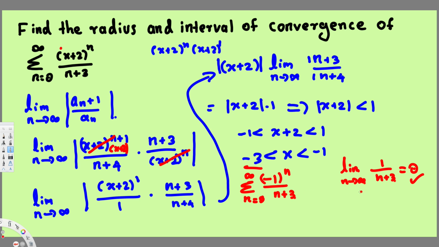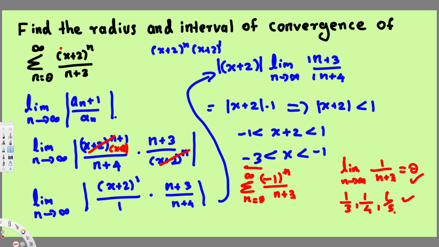If you plug in 0, this is going to be 1 over 3, then if you plug in 1, this is going to be 1 over 4, and if you plug in 2, this is going to be 1 over 5. You can see as the number increases, this value becomes less and less because we are dividing by higher numbers, so the total value is going to decrease. So this is decreasing. Limit is 0, decreasing, so this one converges.